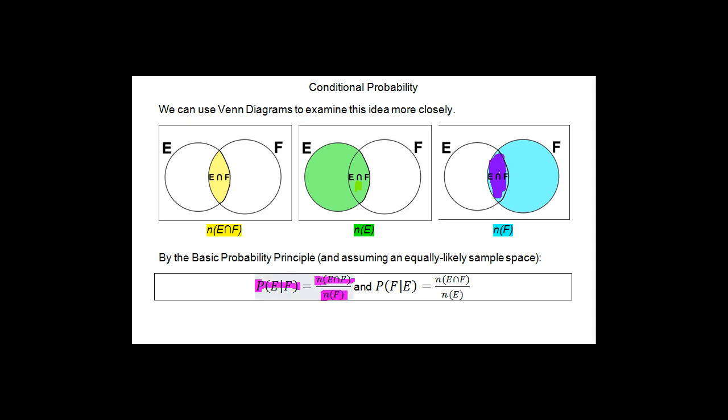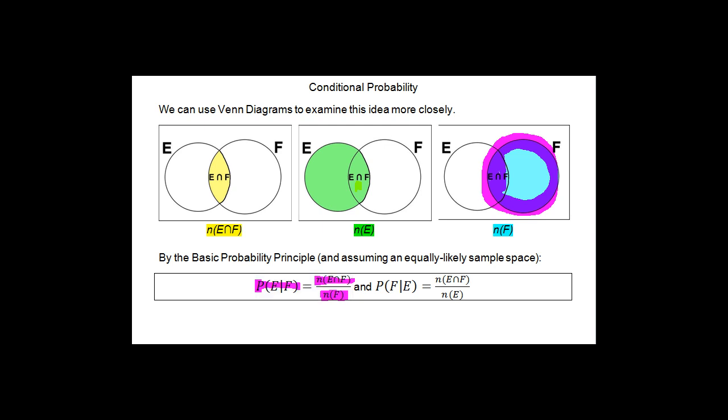Divided by the number of elements in F itself. In other words, the whole thing. So the conditional probability is the overlapping part over the whole. And that's the probability of E given F.